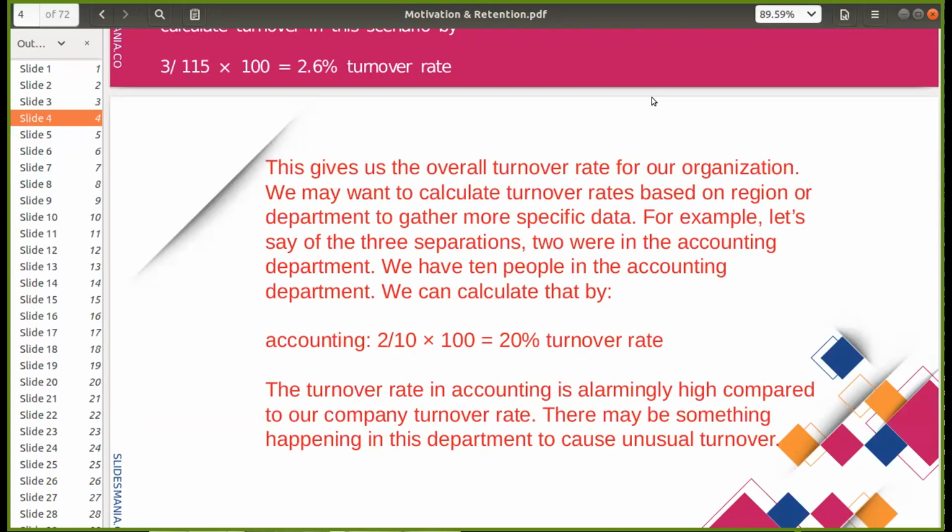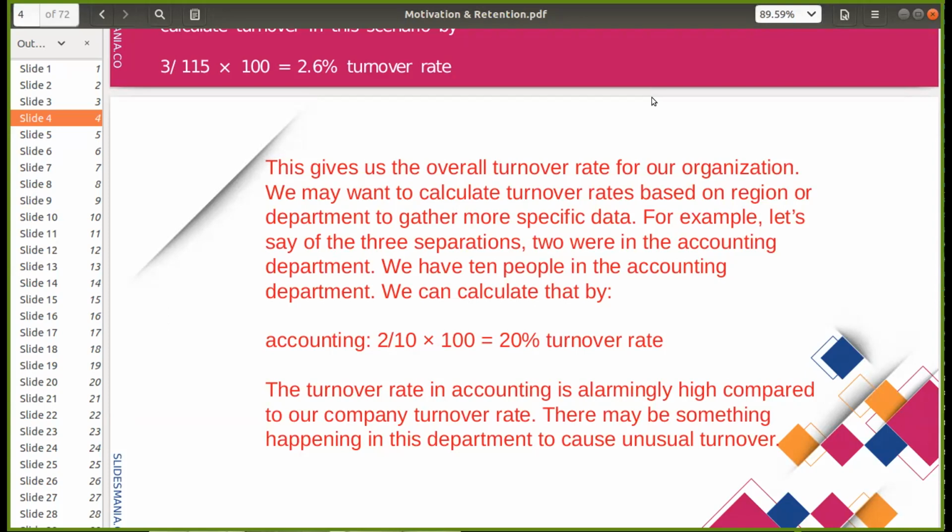So sa accounting department, merong 10 empleyado. So you calculate that turnover rate by, say sa accounting lang, dalawa ang nag-resign sa kanila, 10 sila. So 2 divided by 10 times 100 equals 20%. So 20% turnover rate from the accounting department alone.